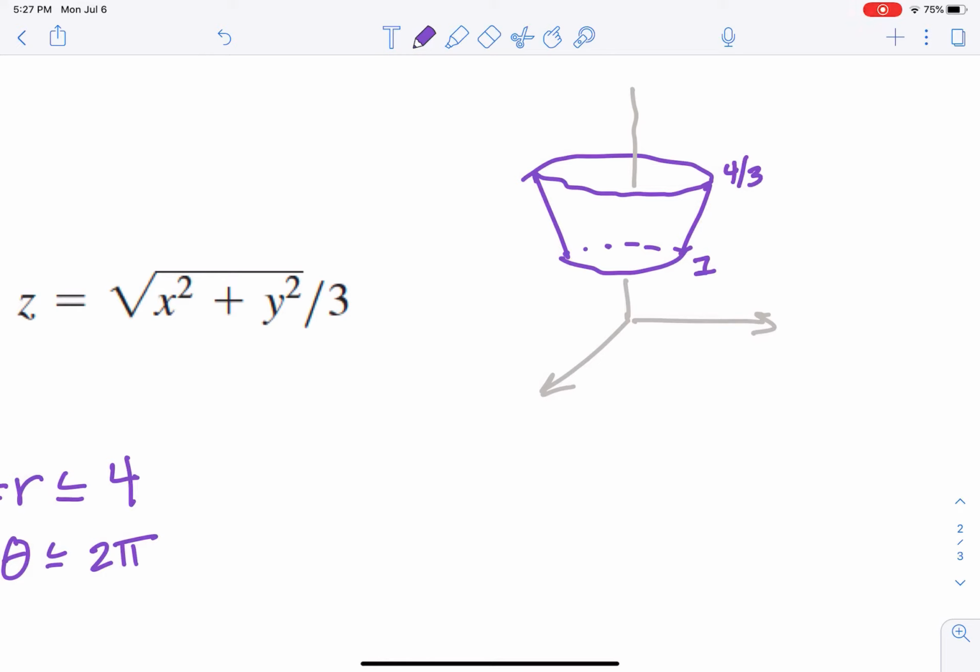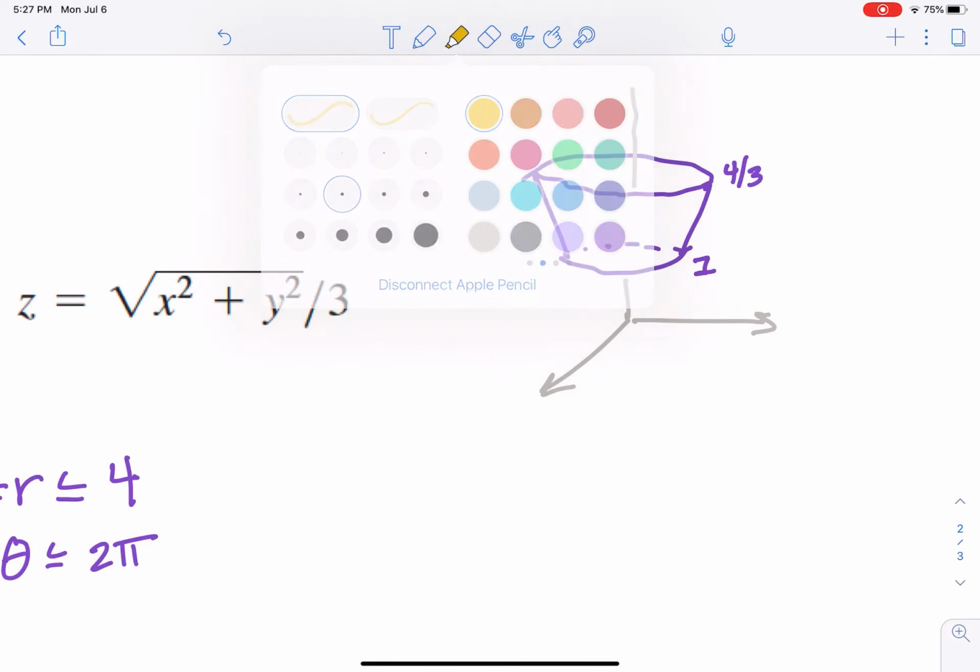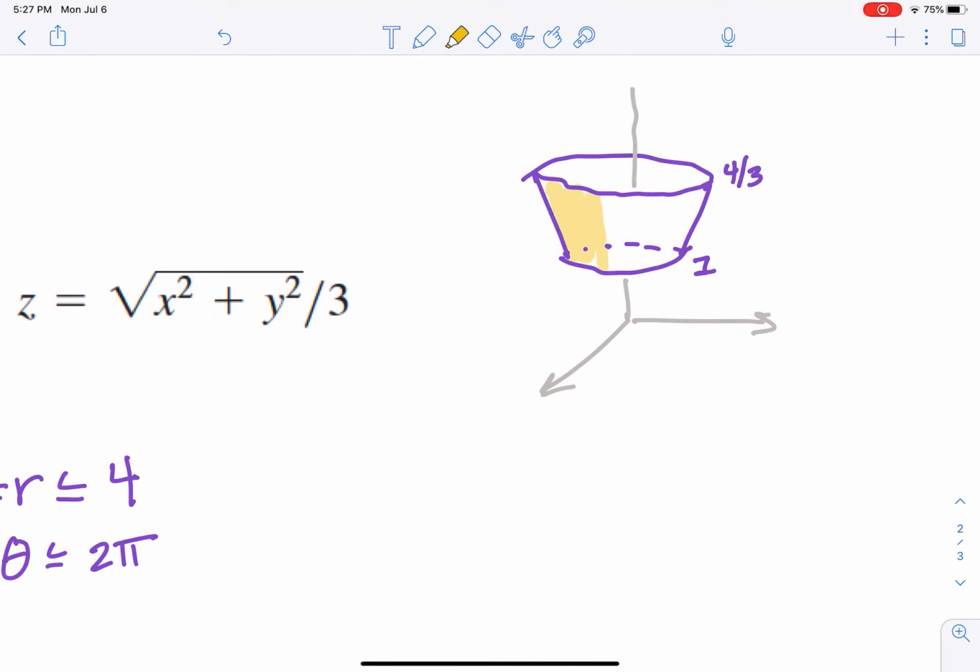When you're finding the surface area, you're just evaluating the surface area of the sides of this shape. So it's just the part around the sides here. You're not including the base and the top. So you're not including this portion that lies up here. That's not included in the surface area, and similarly the base is not included in the surface area.